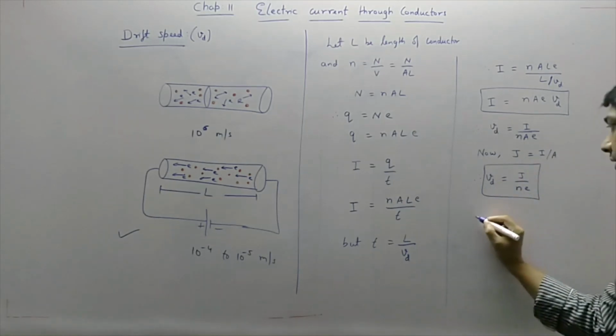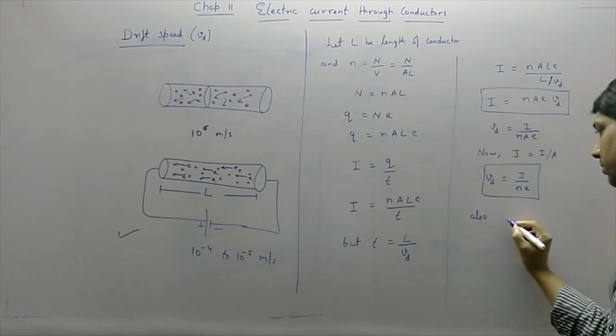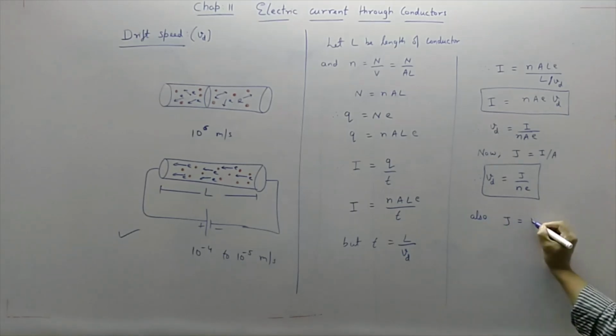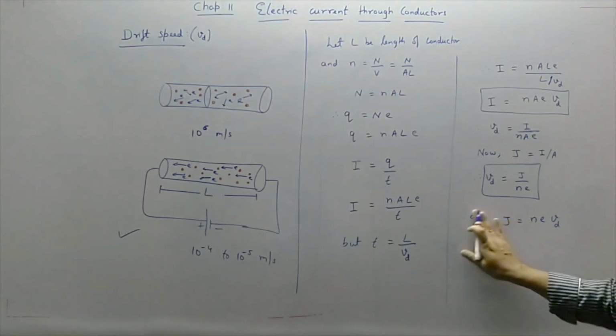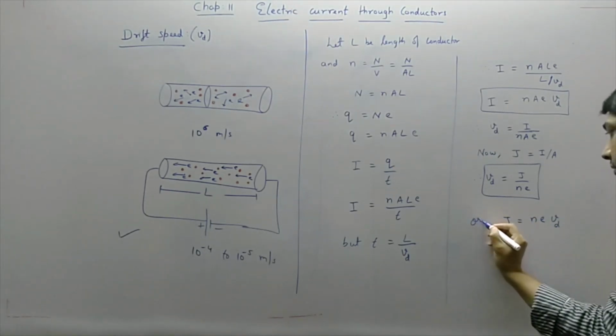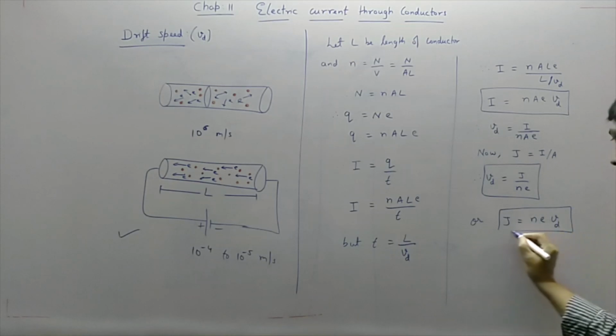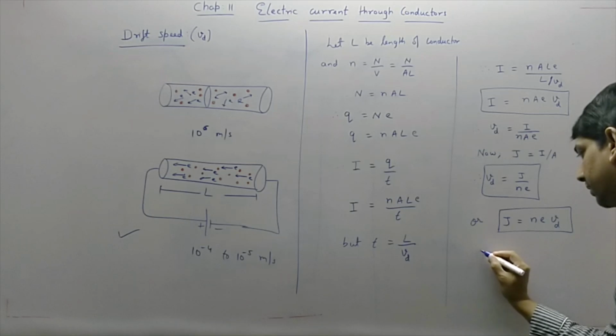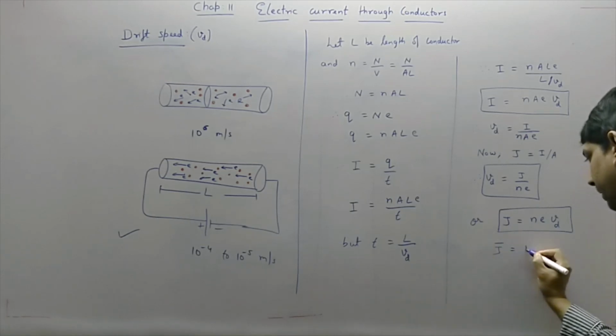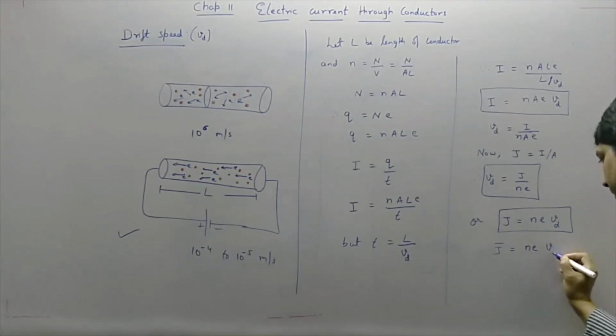Hence we can also write J equal to neVd, where J is the current density, n is the number of electrons per volume, e is the charge of the electron, and Vd is the drift velocity of an electron. In vector form, we write J = ne Vd.